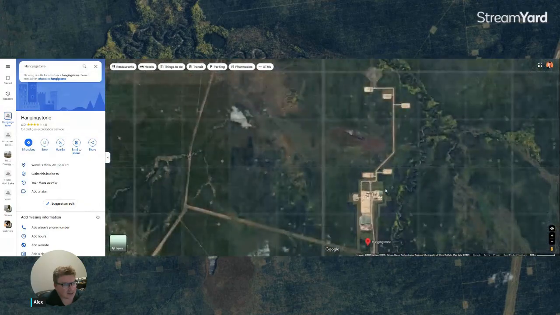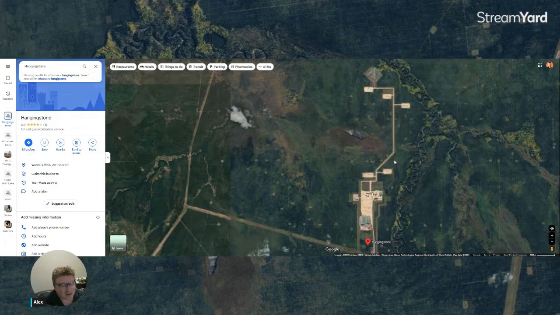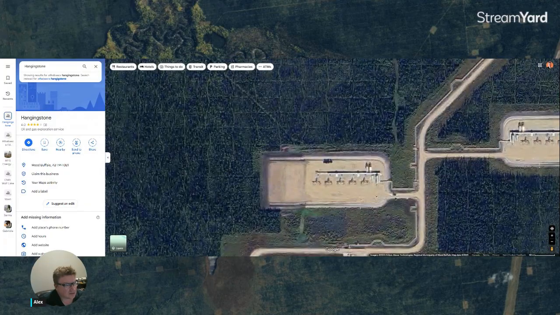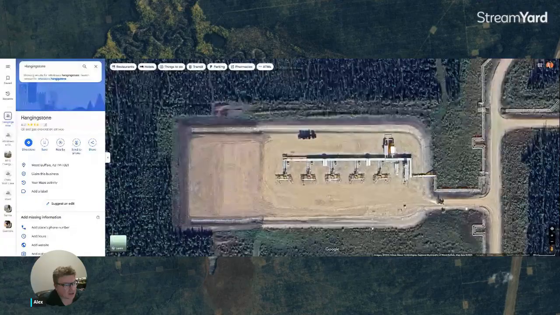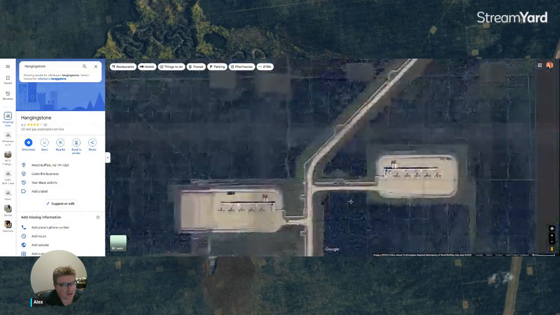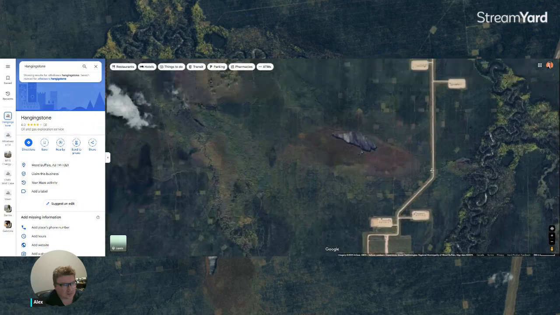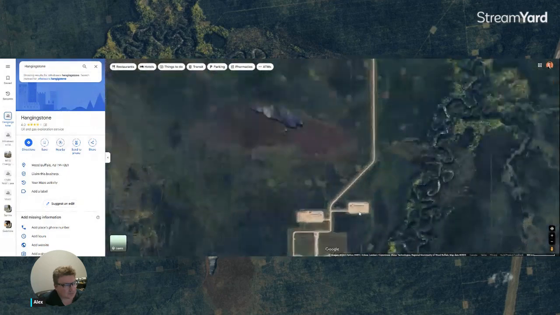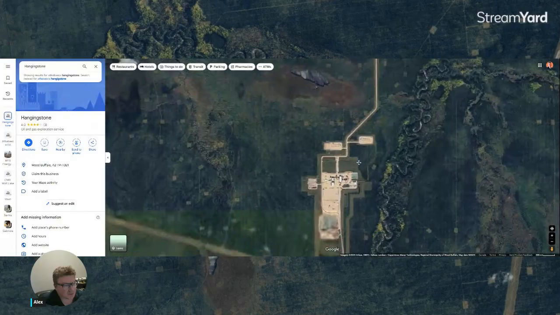This asset has 5 pads. This is pad 1, and you can see 1, 2, 3, 4, 5: 5 injectors, 5 producers. Pad 2, pad 3, 4, and 5. So there's only 5 of them, and a small CPF.